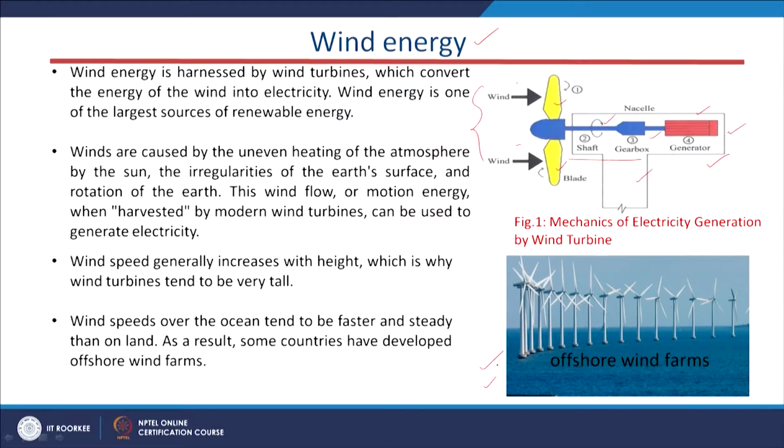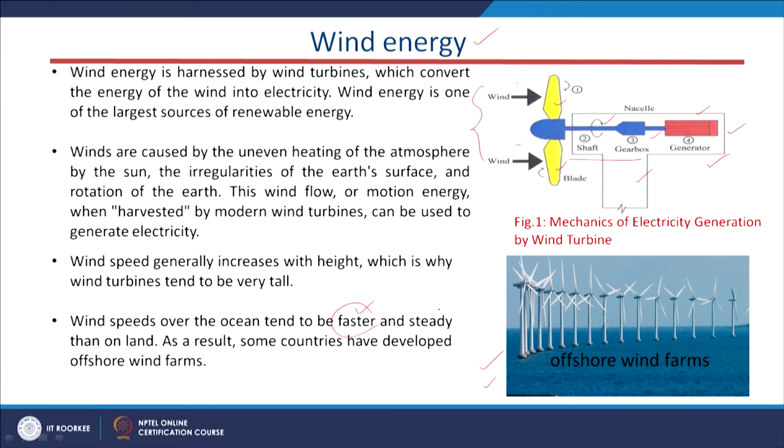To harness more wind, we have to make them very tall. But in the case of the ocean, the flow of the wind is steady and also a little bit faster. These two things, faster and steady. Due to this, many countries are planning offshore wind plants, and that is also coming in a much bigger form, and of course it will mitigate our power requirement.